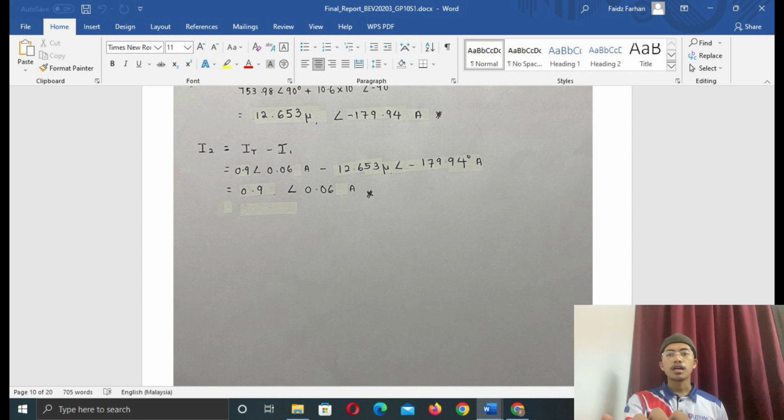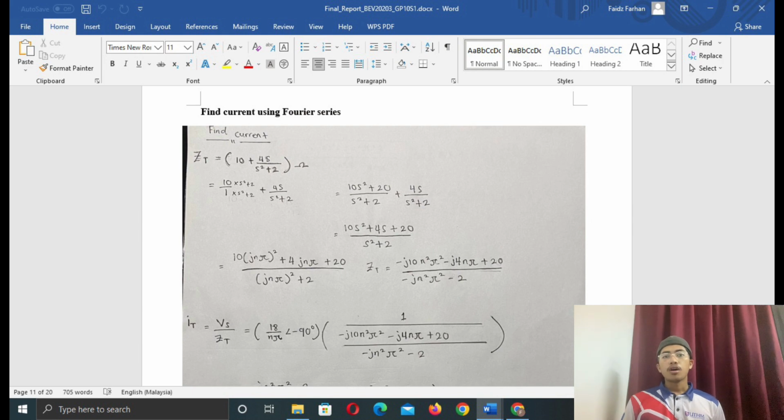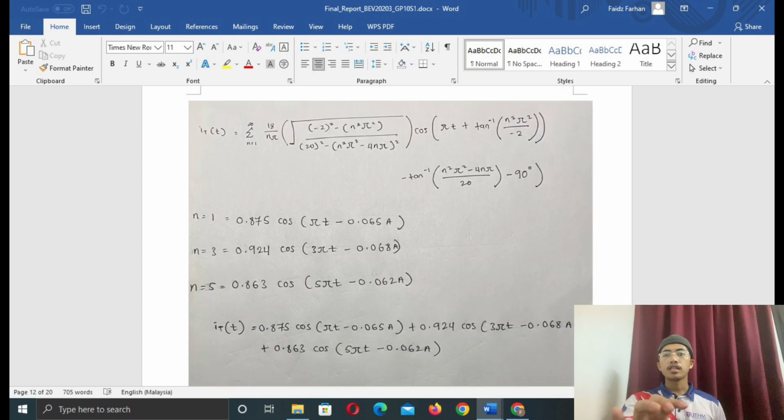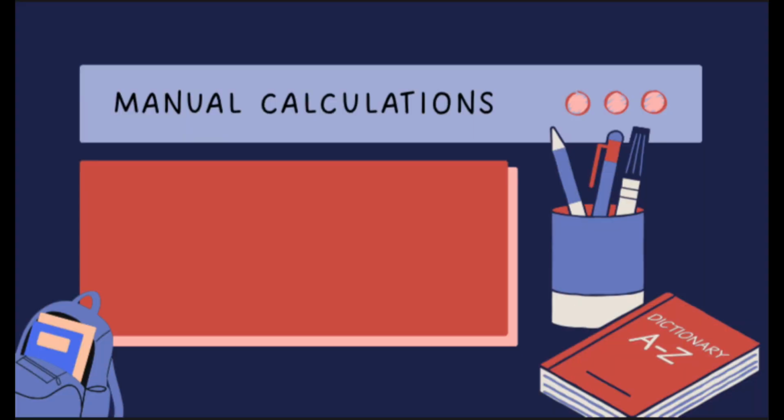But this is using the current divider rule method. We can also use the Fourier series method to find the current, and for the Fourier series we get the same answer as the current divider rule method.